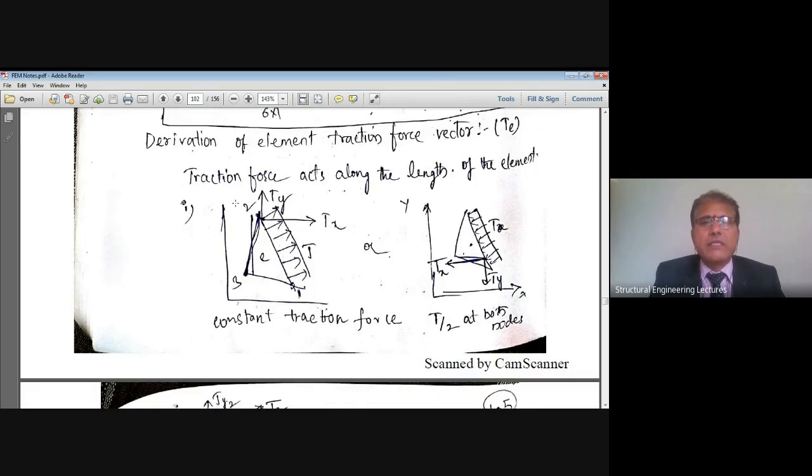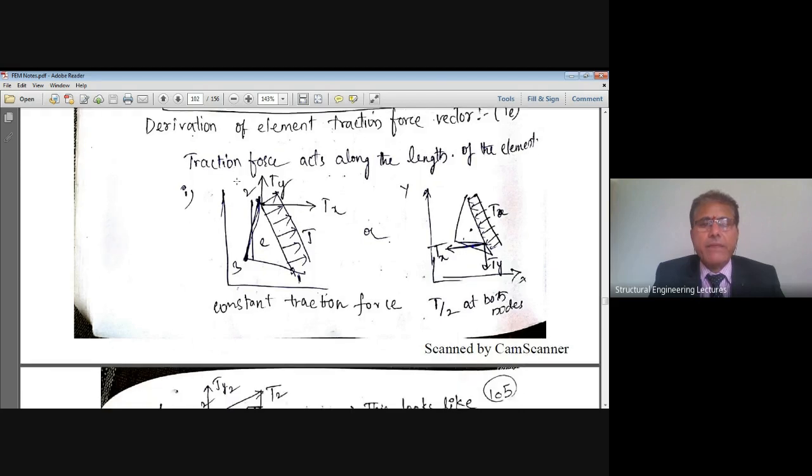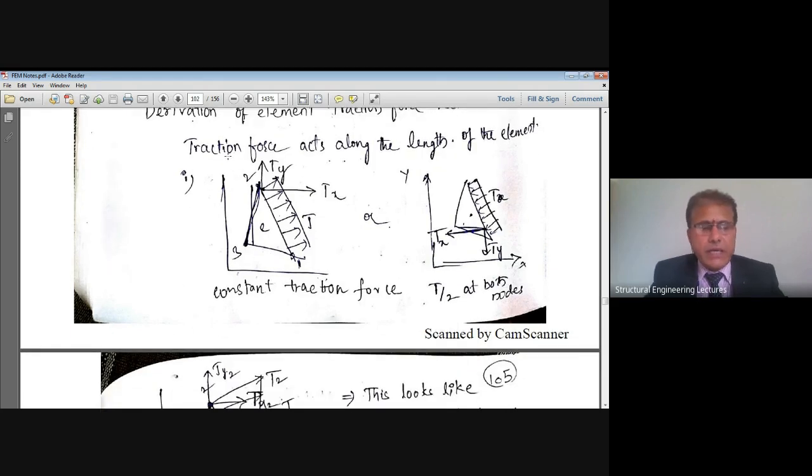Then let us also see the derivation of the element traction force vector TE. Let us take the element which is acted upon by a traction force. Let us say this side 1, 2 is acted upon by a traction force of intensity T. This green color is a traction force T acting on the side 1, 2.